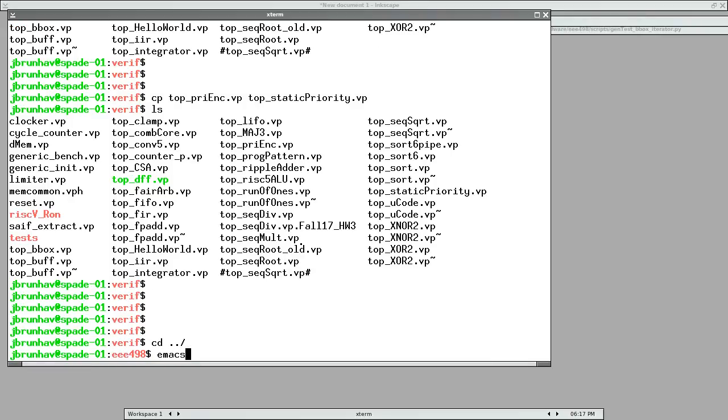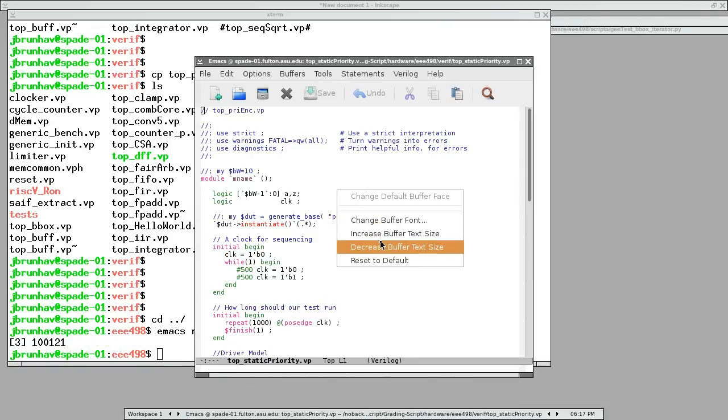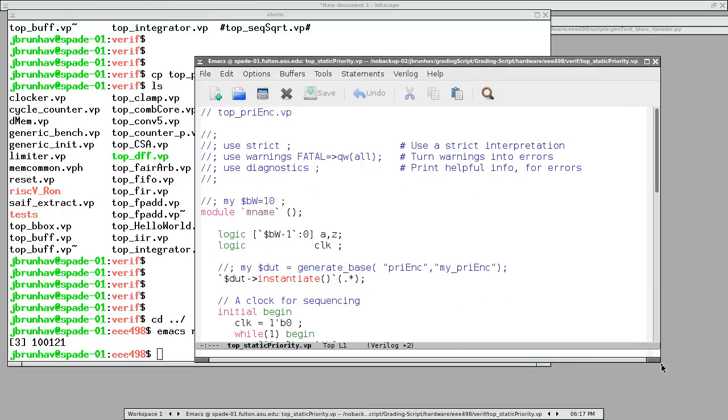So now RTL static priority and verif / top static priority. And then we just need to make sure these names are correct.